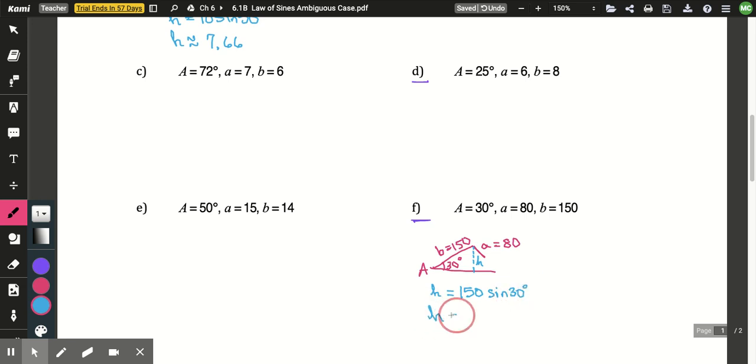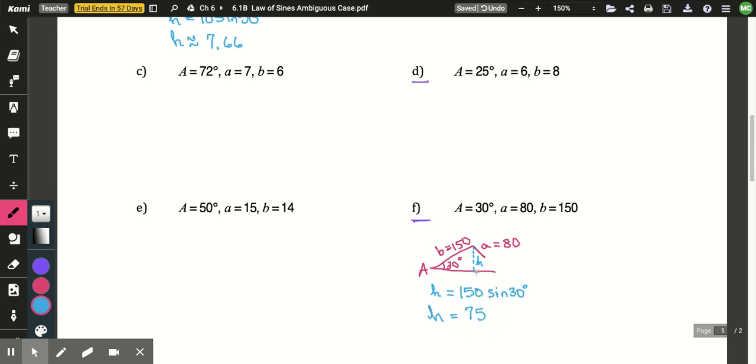Now this is actually kind of a nice one because sine of 30 degrees is something we can calculate exactly, and it actually comes out to a nice fraction. Sine of 30 degrees is 1/2. 30 degrees is one of my unit circle numbers. So this is 150 times 1/2, which is 75.